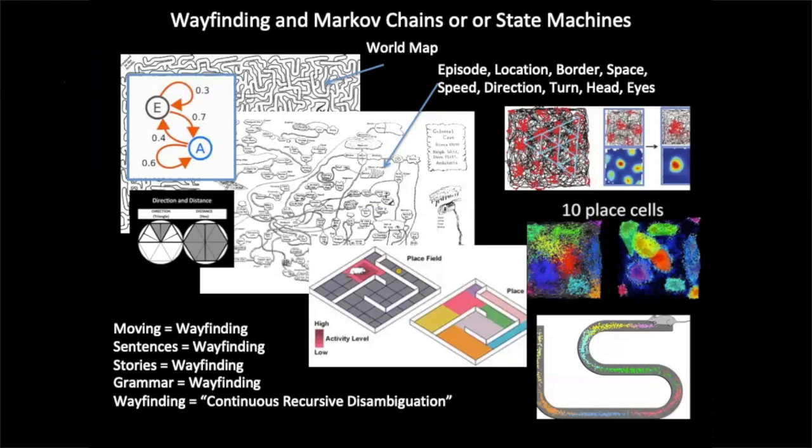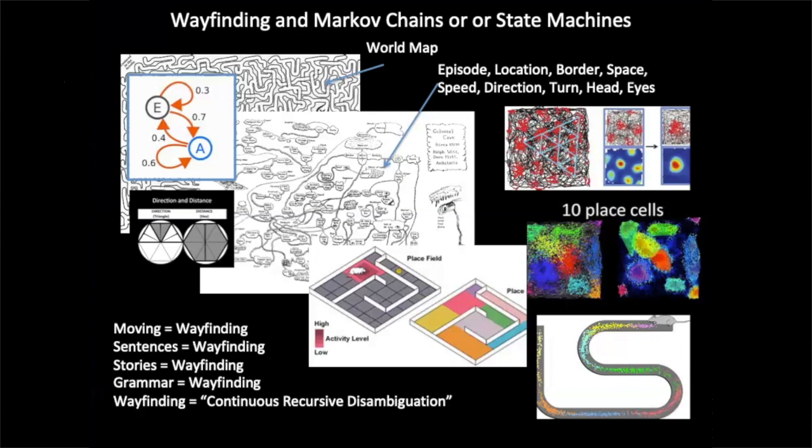So grammar in speech is no different from me figuring out how to pour a cup of coffee. It's the same biological issue. When we move, we wayfind. When we use sentences, we wayfind. When we tell stories, we're wayfinding. Grammar is wayfinding, and wayfinding is just continuous recursive disambiguation from state to state.